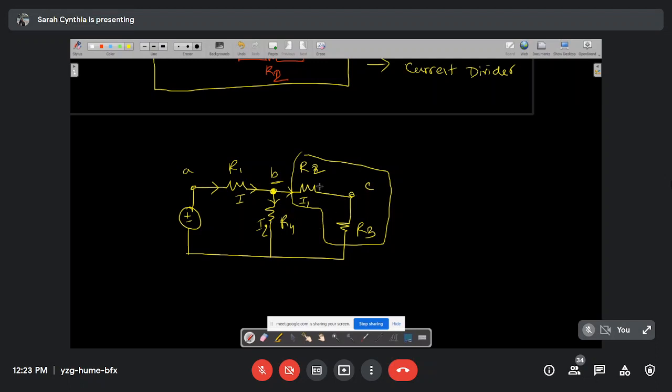Since R2 and R3 can be considered as being in series, and we know that when two resistors are in series we can equivalently write it as R2 plus R3, if we replace R2 and R3 by an equivalent resistance having a value of R2 plus R3, then we could say that R4 and this equivalent resistance are in parallel, right?